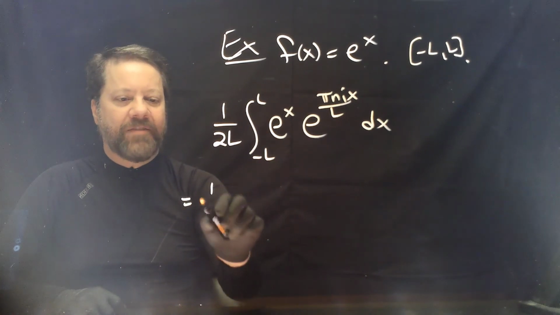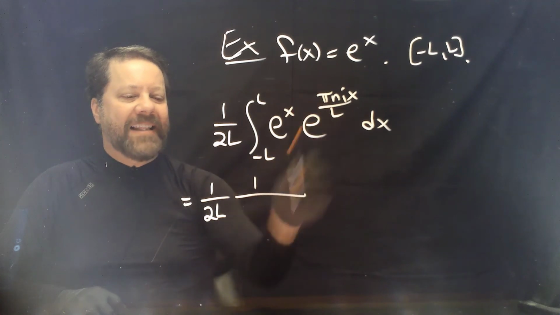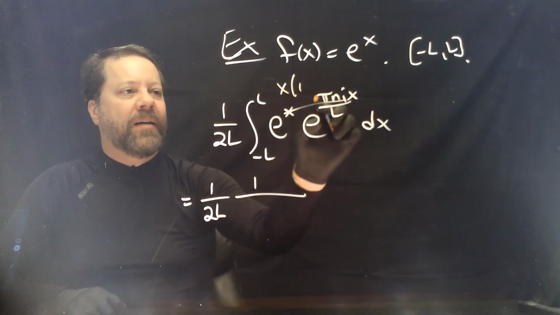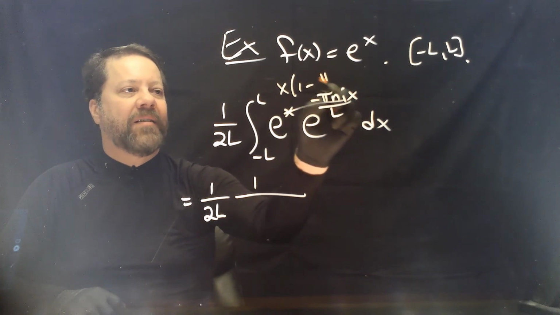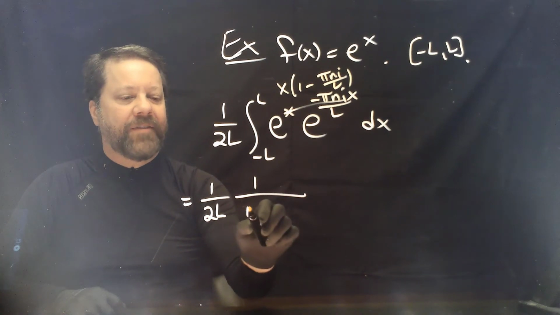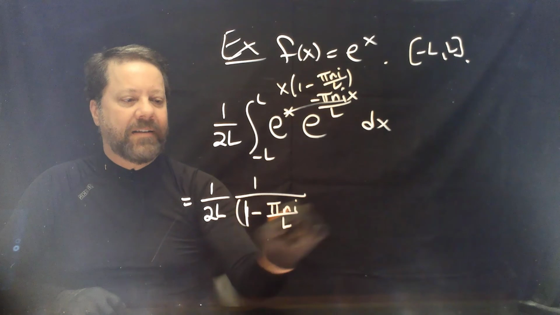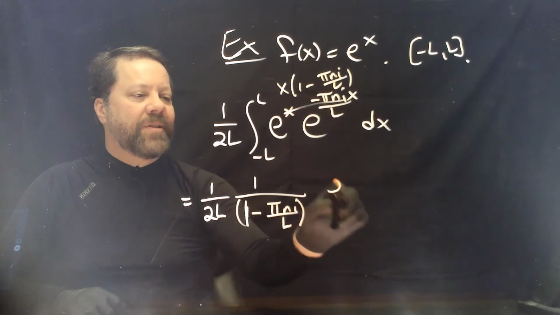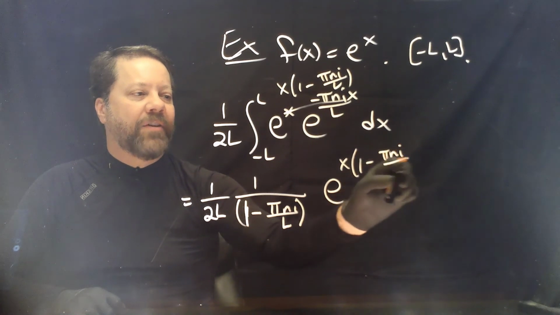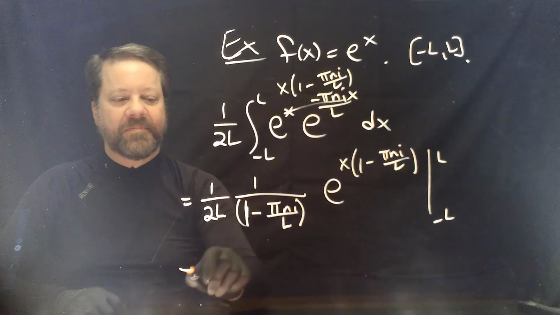You can see that we'll have this 1 over 2L coming along for the ride. When we add the exponents, it's going to be x times the quantity 1 minus pi n i over L. So we'll have 1 minus pi n i over L here. We'll still have e to the same thing, x times 1 minus pi n i over L, evaluated from minus L to L.